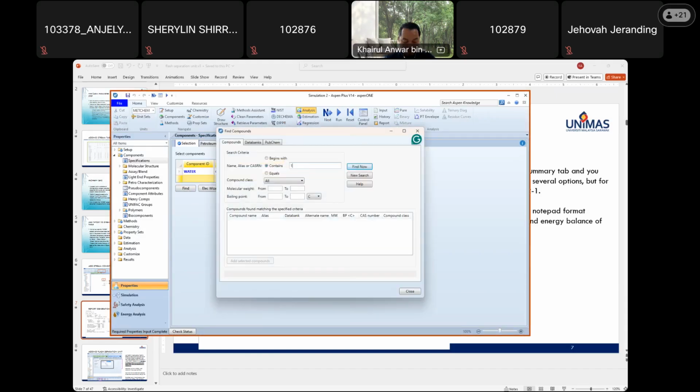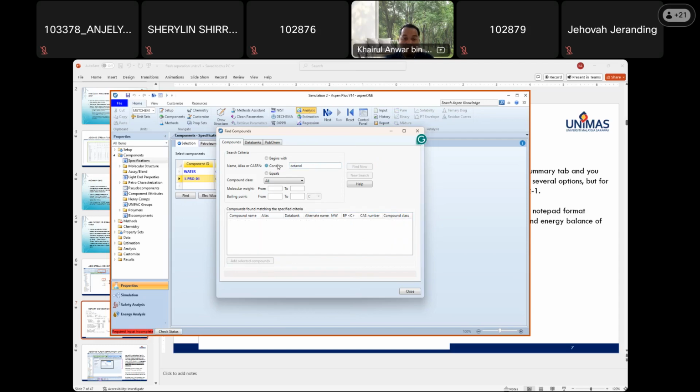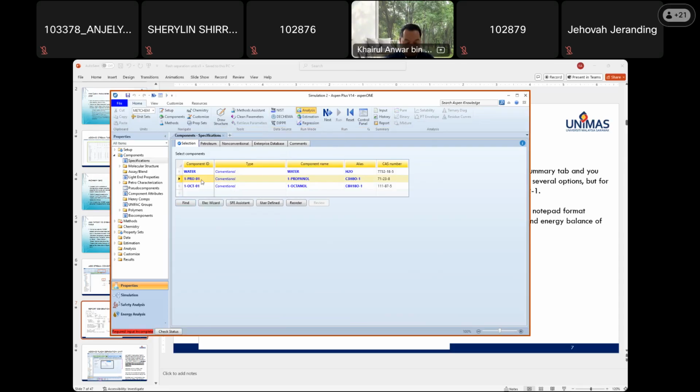I have to use this. Propanol. Then what else? Octanol. So we have solute.